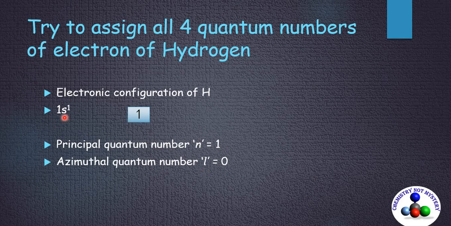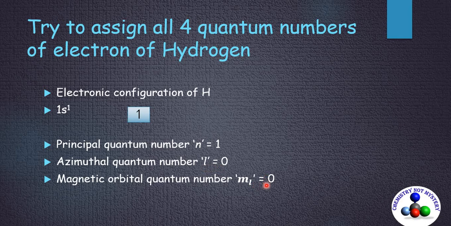Here it is s subshell, so the value of l will be 0. Next one is magnetic orbital quantum number. Its value depends on the value of l, so it will be 0. The last one is spin quantum number, and its value for the unpaired electron will be +½.